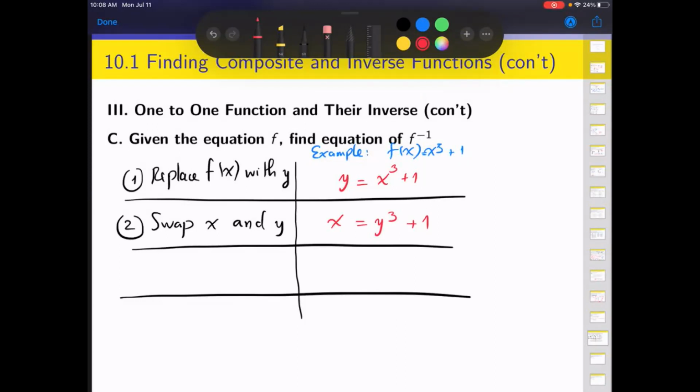And now you solve for the new y. Can you solve for y in that one? How do I solve for y?